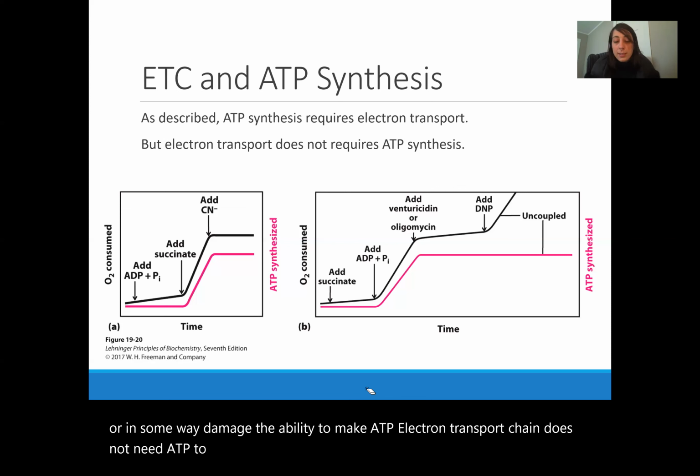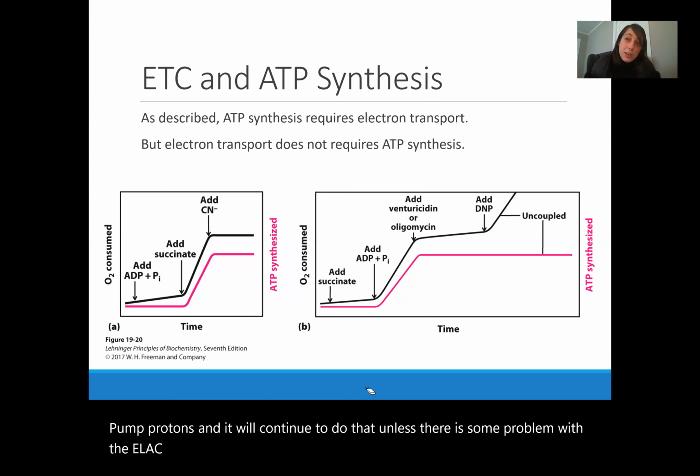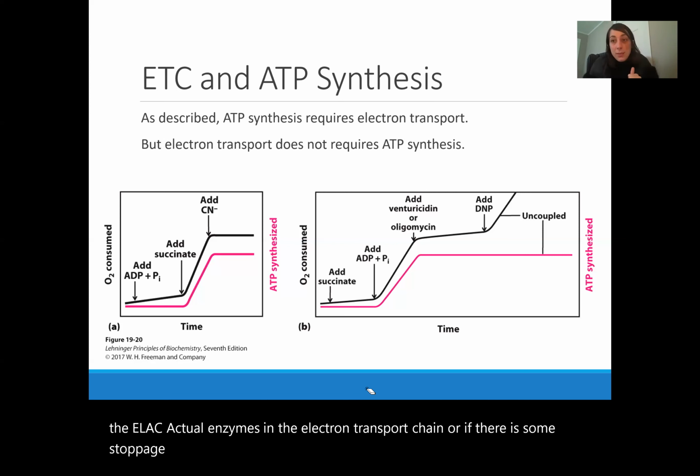All it does is take in electrons from carriers and move those electrons, and then through that process, pump protons. And it will continue to do that unless there is some problem with the actual enzymes in the electron transport chain, or if there is some stoppage of things like oxygen, which is needed for complex 4.